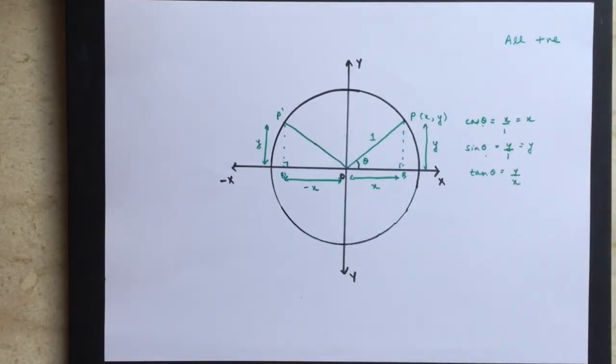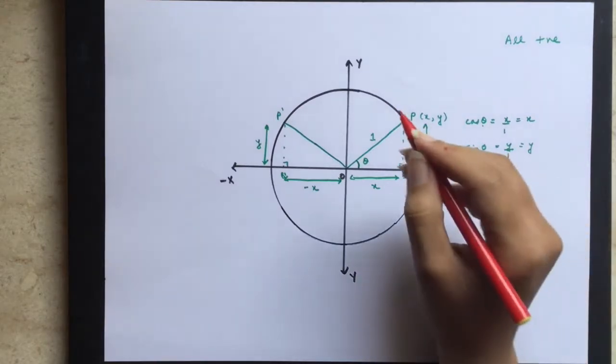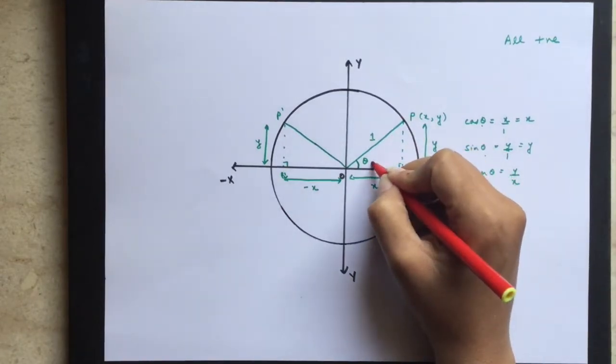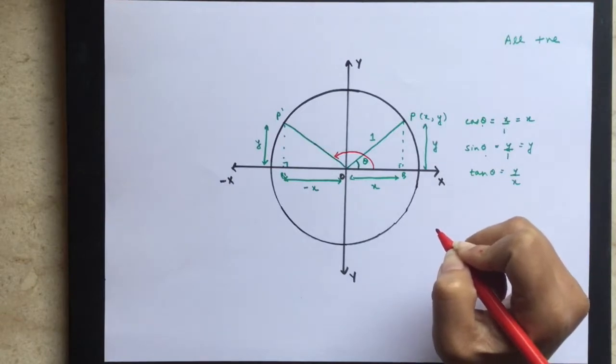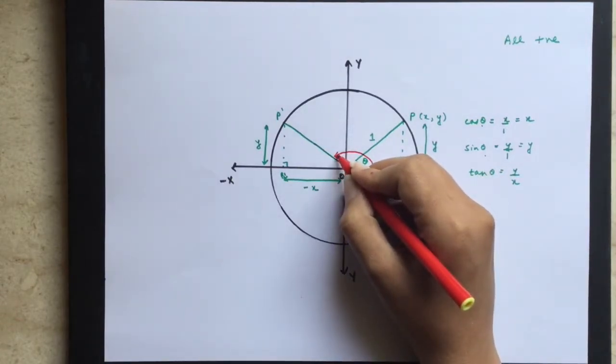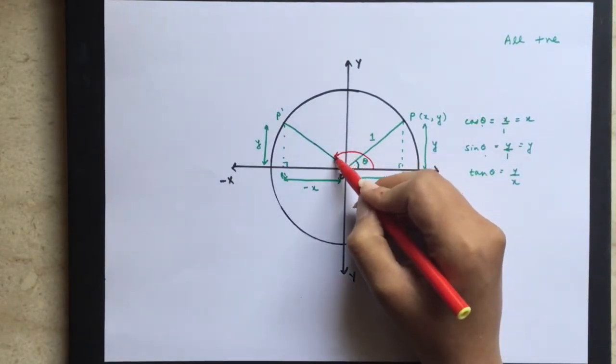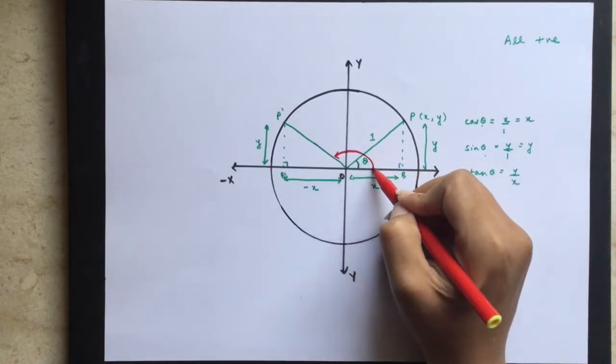Now, if I need to find the value of cos, sine, and tan, it's important for me to know one thing, that whenever we are calculating the values, the angle is always measured from the positive x-axis. That means now when I'm finding cos, sine, and tan, I'm going to be finding the values for this angle.